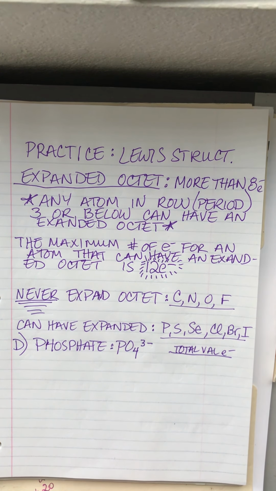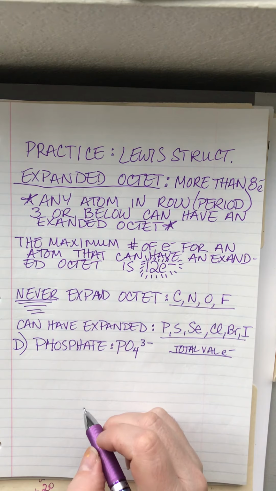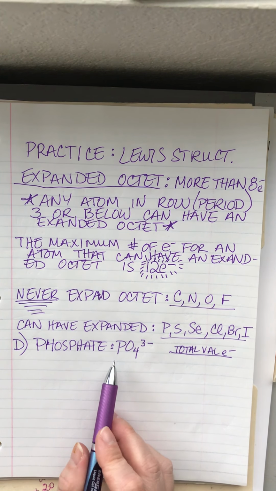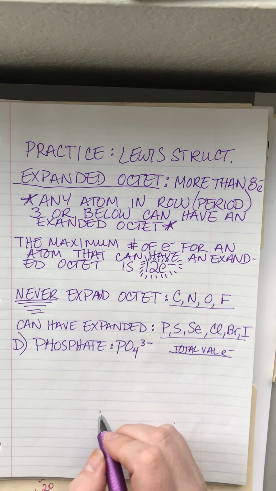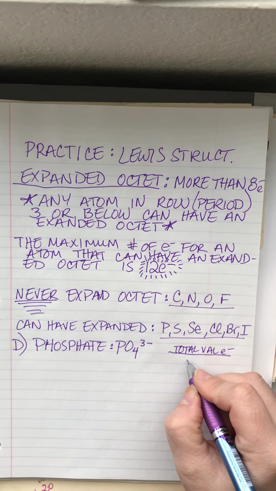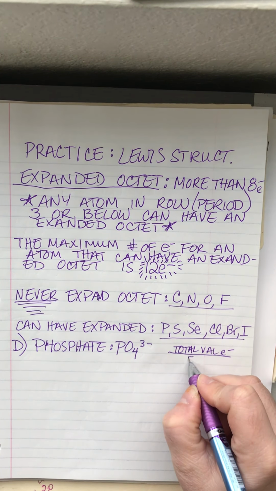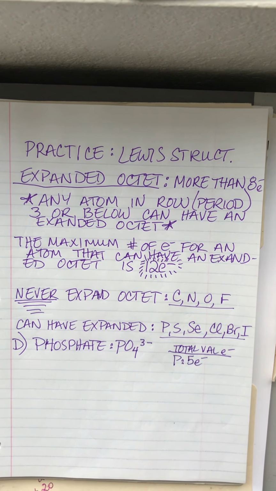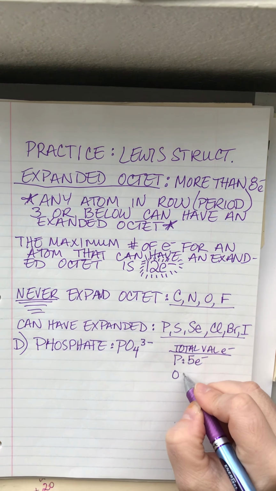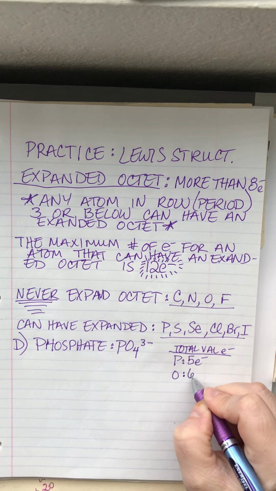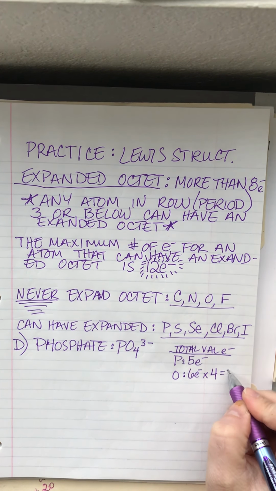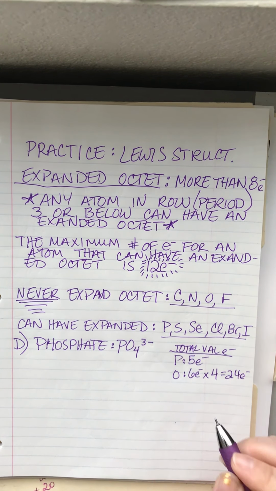So now let's look at an example of a polyatomic ion that has an expanded octet. So this is the phosphate ion. We start out, just like always, figuring out how many valence electrons we have. Phosphorus comes to the table with 5 electrons. Oxygen comes to the table with 6 electrons, and there are 4 of them, for a total of 24 electrons.